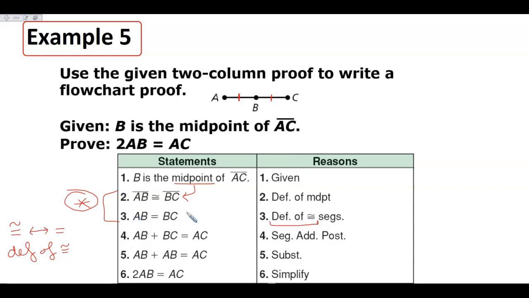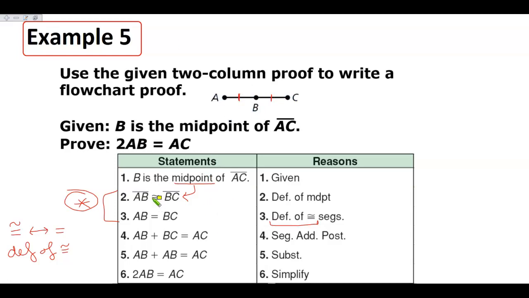All right? So I need this to be equal because my proof statement is an equation. So I need to get an equation in there somewhere, okay? Now, in order to do something with this, I'm going to bring in the segment addition postulate. I'm going to say this piece plus this piece is equal to the whole thing, okay?